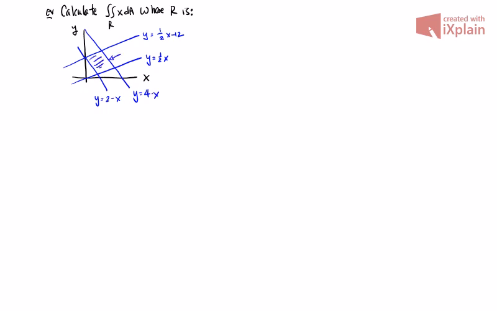This region in here is not very pleasant. It's not easy to do as vertically simple, horizontally simple, or absolutely not in polar. So R is not nice in vertically simple, horizontally simple, or polar. So we'll make a substitution that will change R into something nice.